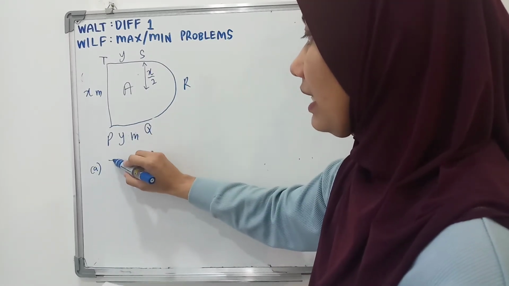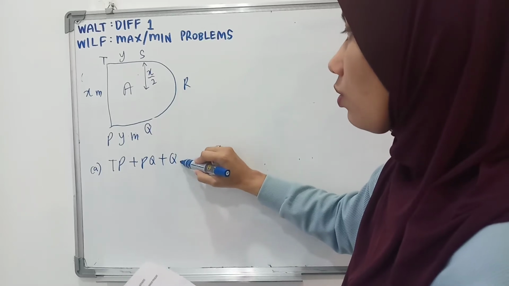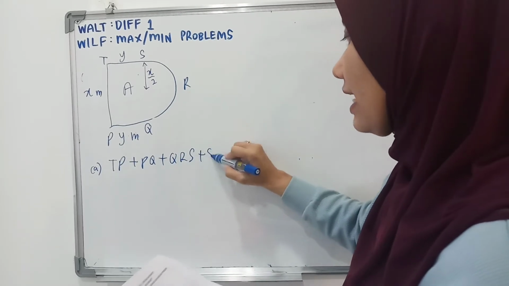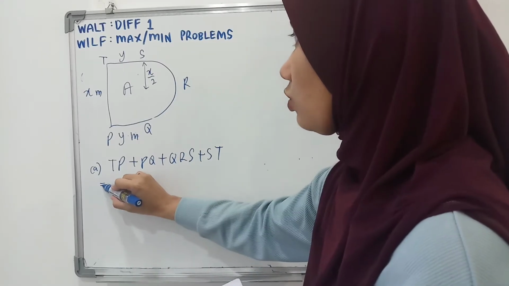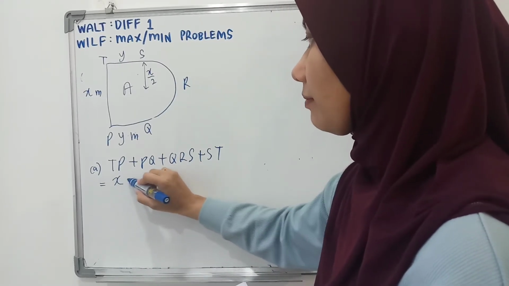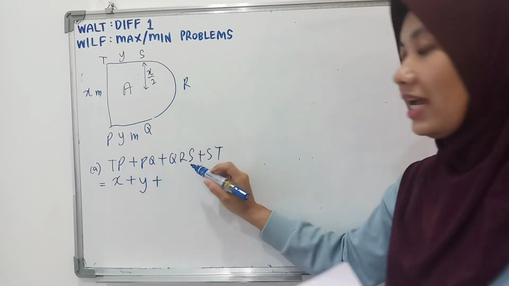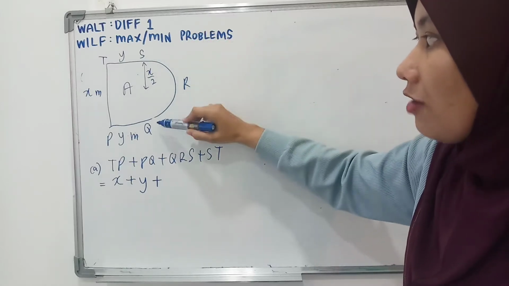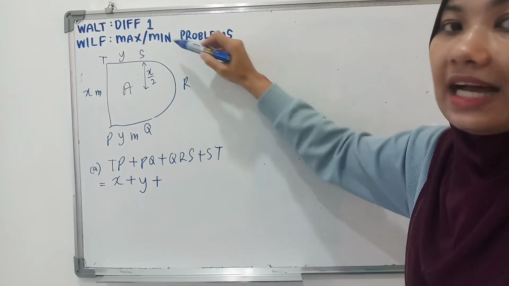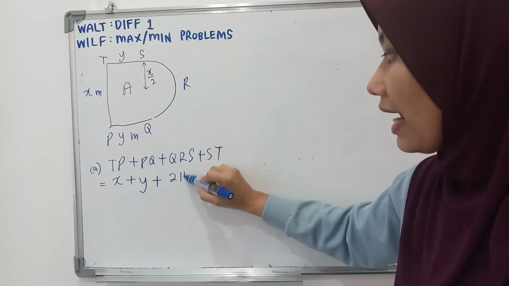Perimeter is simply TP plus PQ plus QRS plus ST, which is X plus Y plus QRS plus Y. How do we calculate the circumference of QRS here? This is just a half circle, so the circumference is 2 pi r.